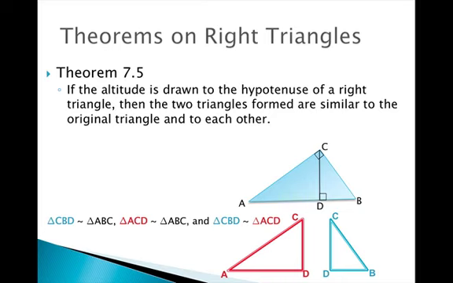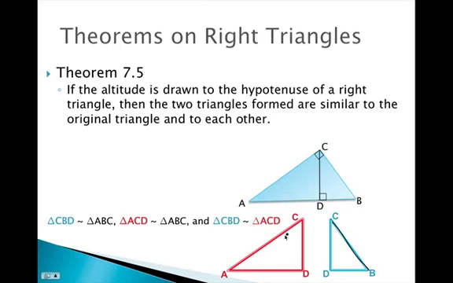And I've got them written in color-coded here, so that you can see what corresponds with what. So remember, in a similarity statement, you have to keep your corresponding parts of the triangle written in order. So let's take our triangle CBD. That's going to be similar... CB is our hypotenuse right here. So CBD is going to be similar to triangle ABC, and we've got our hypotenuse written first in that triangle.